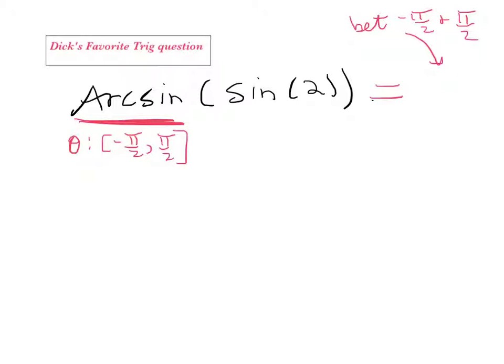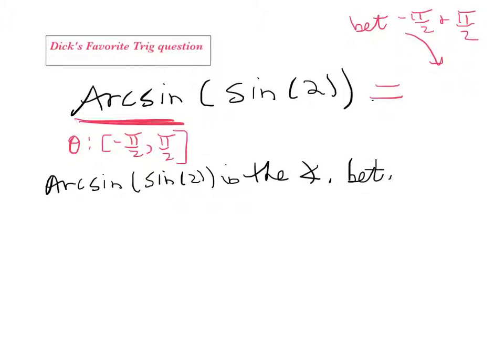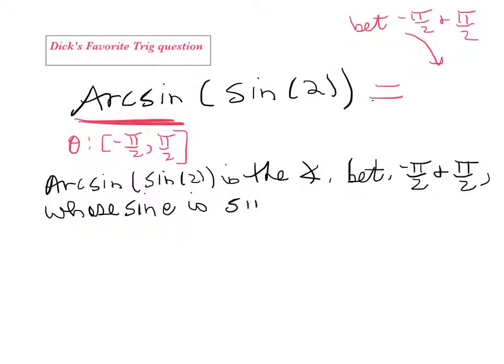So let's try to remember exactly what we're looking for. And let's see if I can write it down. Remember that arcsine of the sine of 2 is the angle between minus pi over 2 and pi over 2, whose sine is sine of 2.